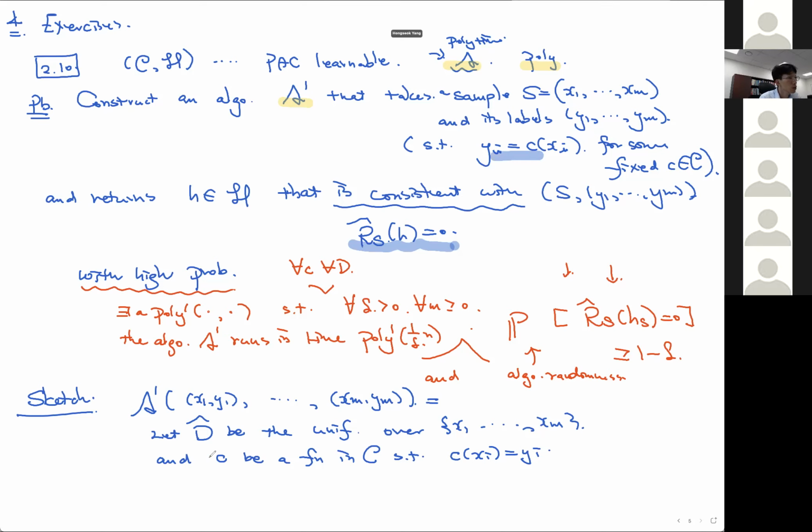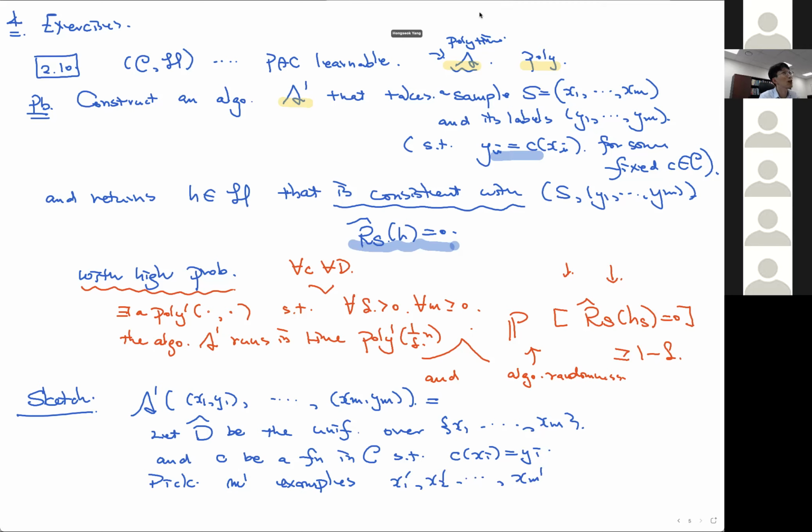Then what should we do? From here, we generate samples. Now pick a sample, let's call it x1 prime, x2 prime, and so on, up to xm prime.